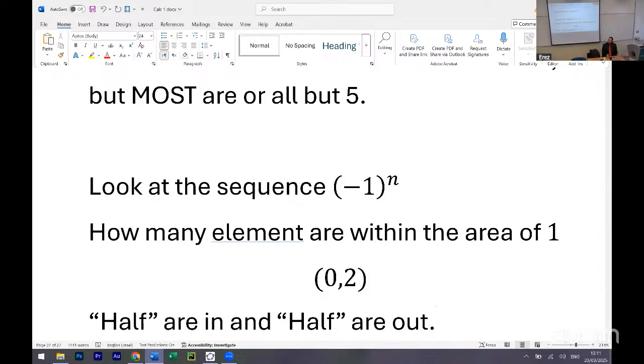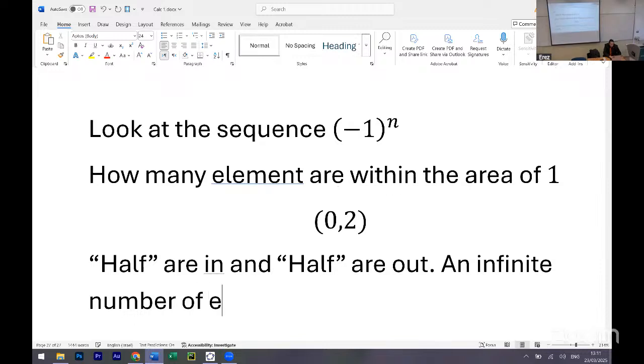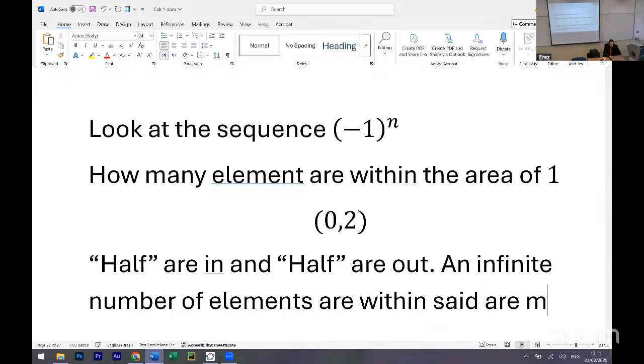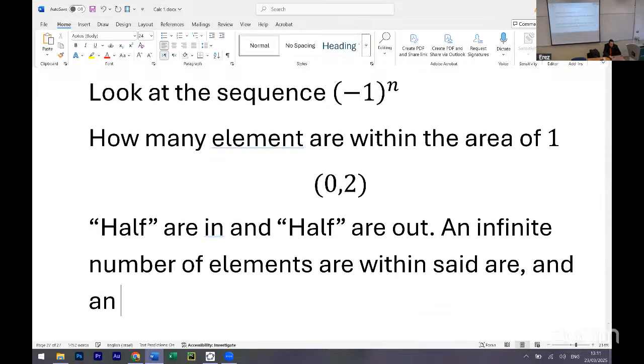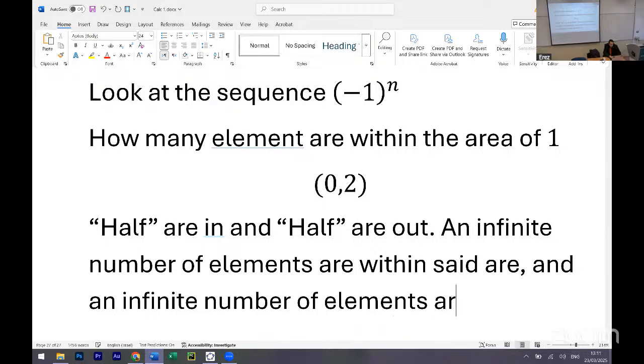It's infinite of half. And it doesn't matter what it's half, it's an infinite number. An infinite number of elements are within said area, and an infinite number of elements are out.